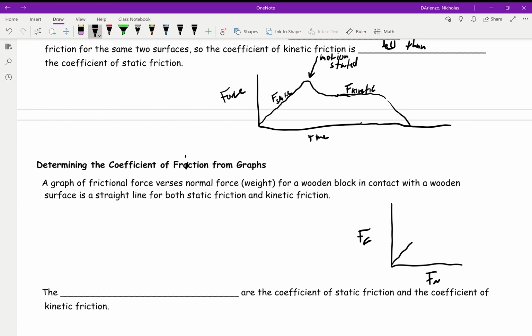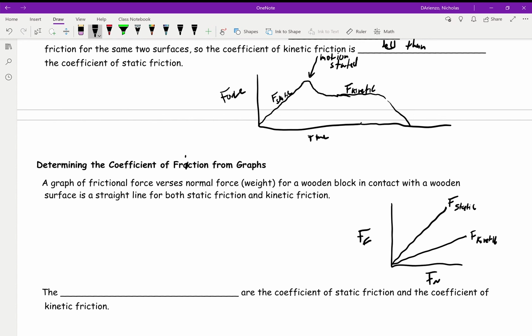Now, if we were to look at these coefficients for that wooden block, we should get two different lines. The steeper line would be our static friction coefficient, and the shallower line would be our kinetic friction coefficient.